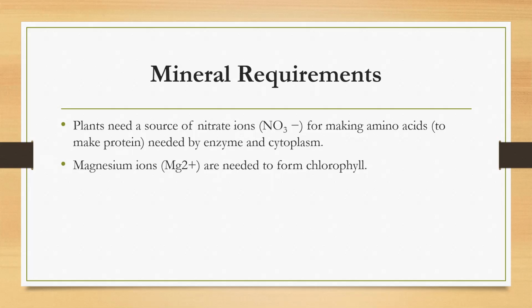Nitrate ion is needed by enzyme and cytoplasm. And then there is magnesium ions, or Mg2 plus. The part that needs it is chlorophyll, and the chlorophyll will help plants do photosynthesis.